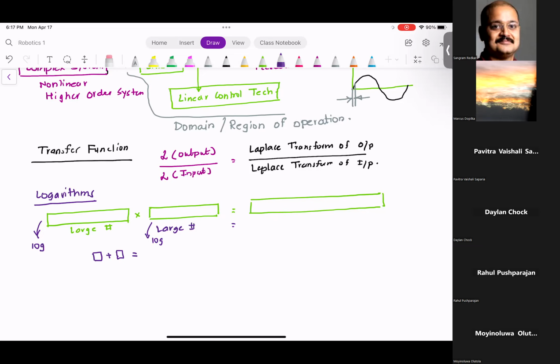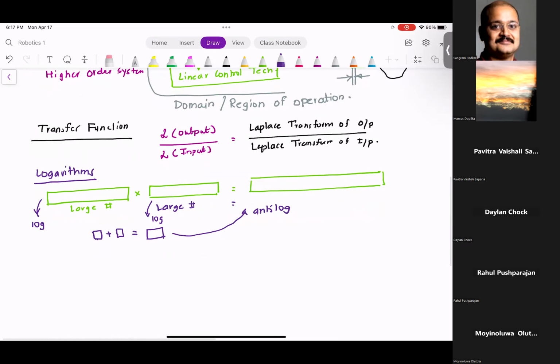So you can add these numbers and then find the antilog, and you got your answer. So this process of multiplying two huge numbers is eliminated, and we convert it into summation of two small numbers.